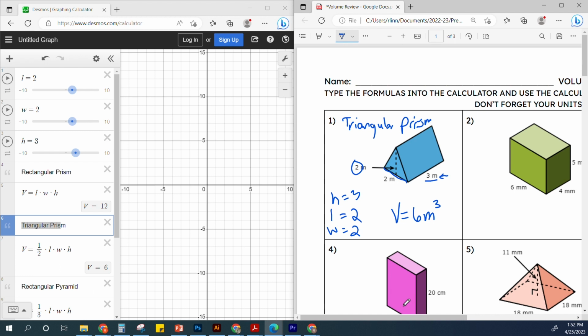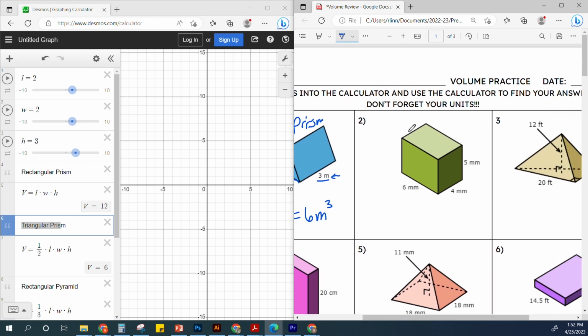So now let's go ahead and move on to problem number 2. Problem number 2 here, we've got a rectangular prism. So across the top, I'm going to write rectangular prism. And then we're going to identify our length, width, and height. So my length is equal to 6 millimeters.